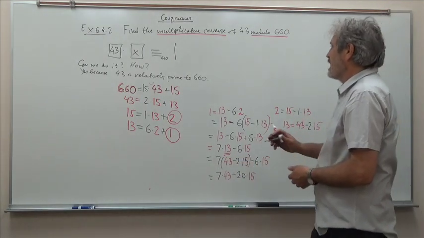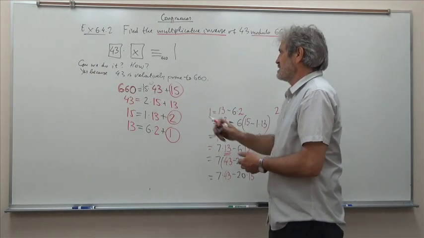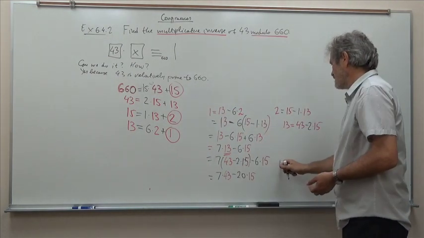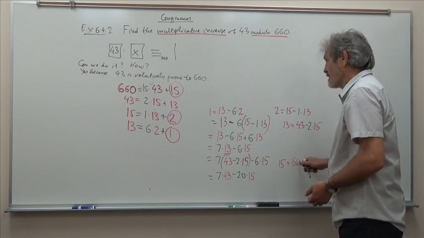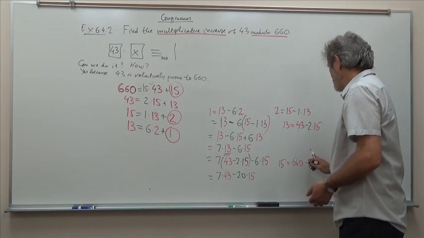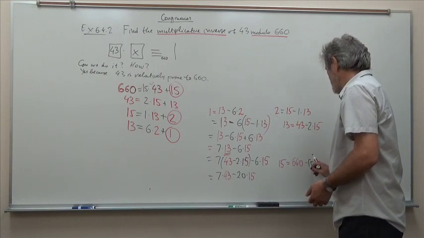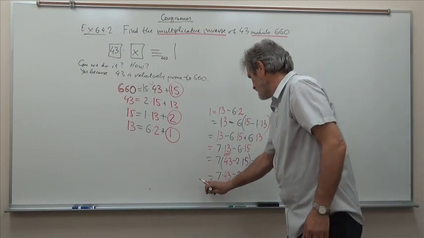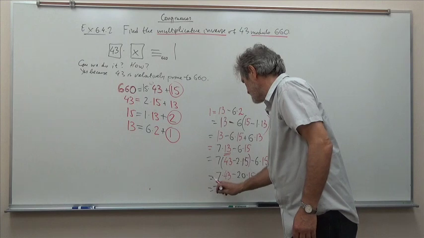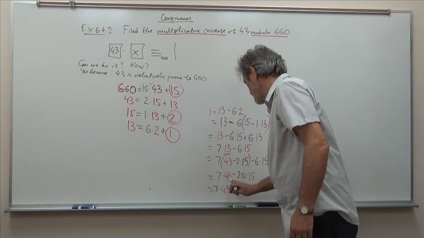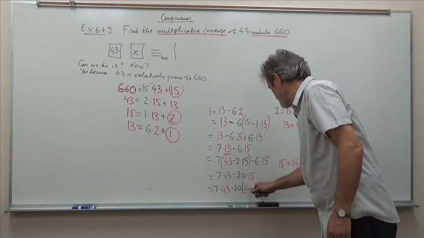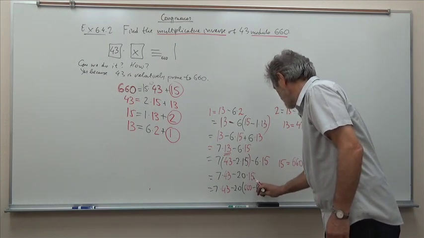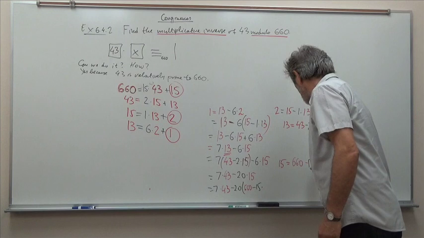Now what do I do? I finally trade 15. So 15 is traded as what? 15 equals 660 minus 15 times 43. And when I trade that, I get 7 times 43 minus 20 times 660 minus 15 times 43, which should be right.